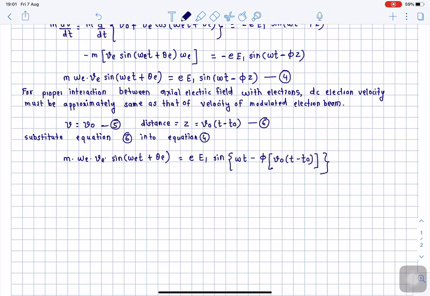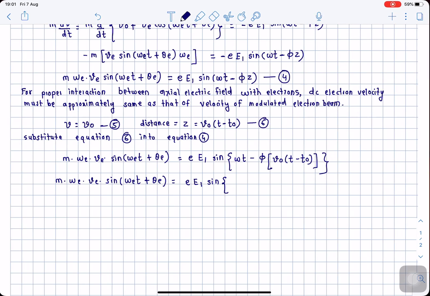Okay, so this can be written as m times omega e Ve sine of omega e t plus theta e. This can be written on the right hand side as e into E1, right, into sine of bracket.